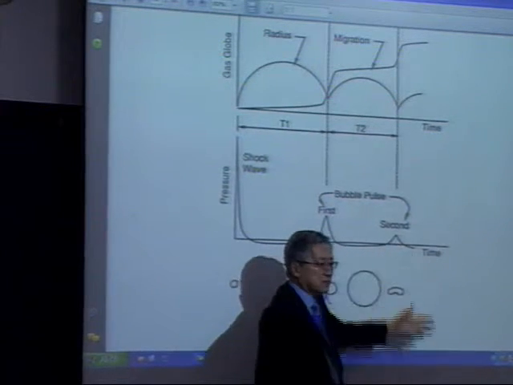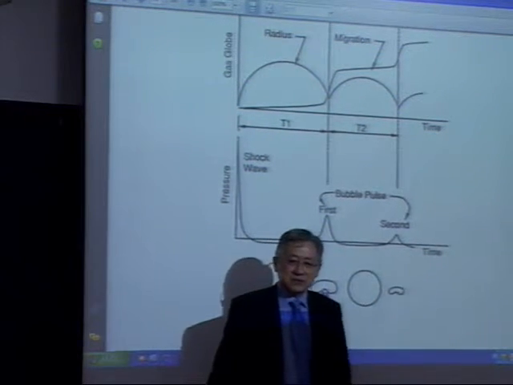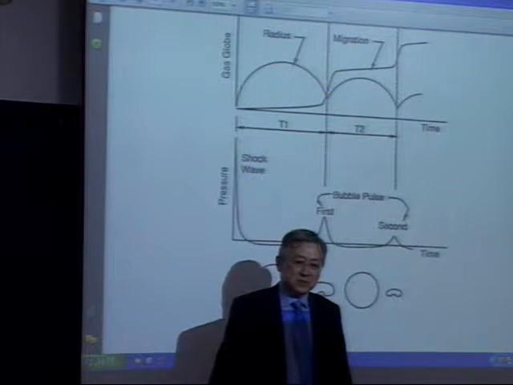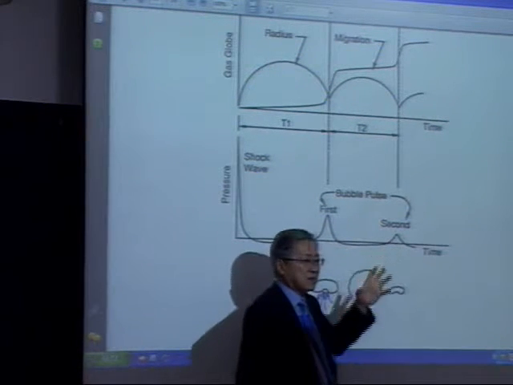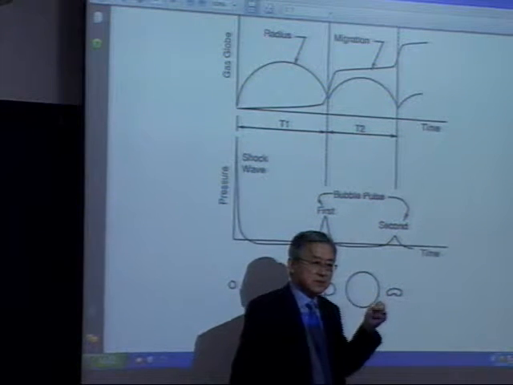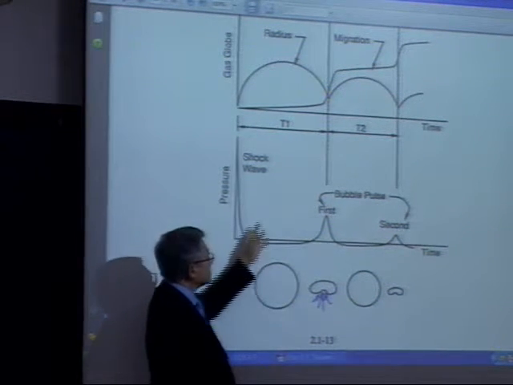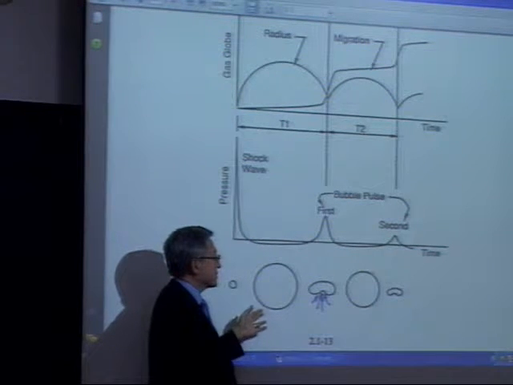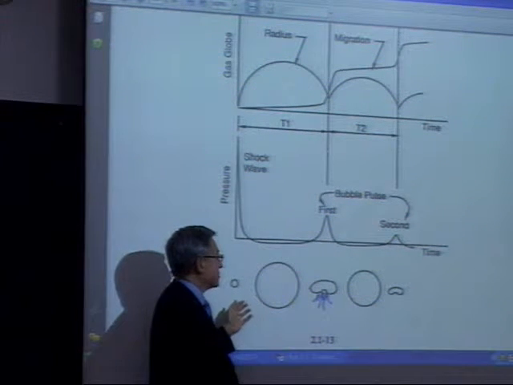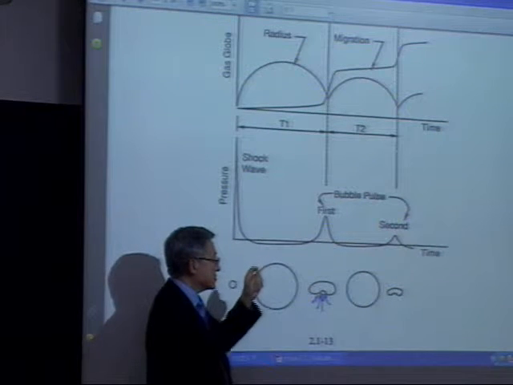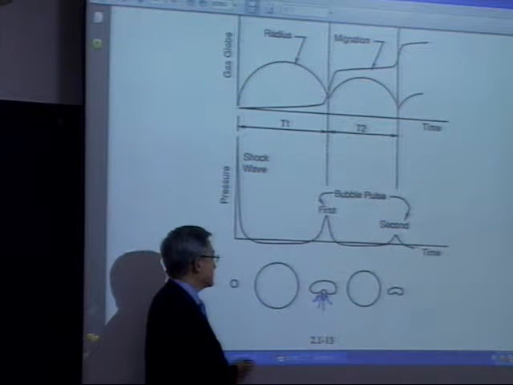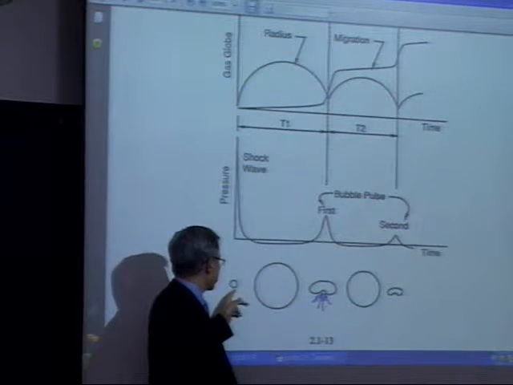This could be from the bottom reflection of the shock wave, or another gas bubble collapse, things like that. I drew this, and it has been used by many other authors in their papers. I drew this on an Apple computer some years ago.